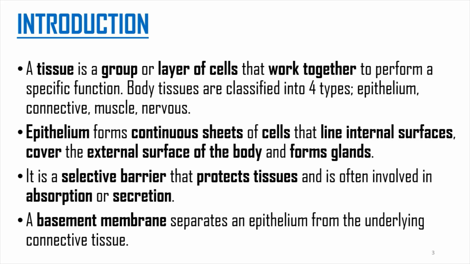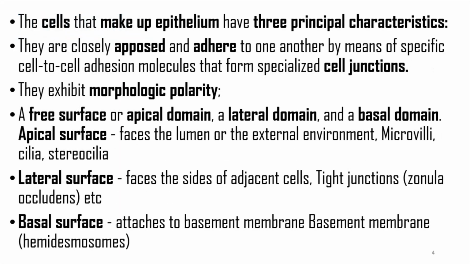As we go further in this lab, we're going to see the various body surfaces where epithelial tissue is found, and you're going to appreciate how it lines internal surfaces. A basement membrane separates an epithelium from the underlying connective tissue. Remember that all epithelial cells lie on a basement membrane.